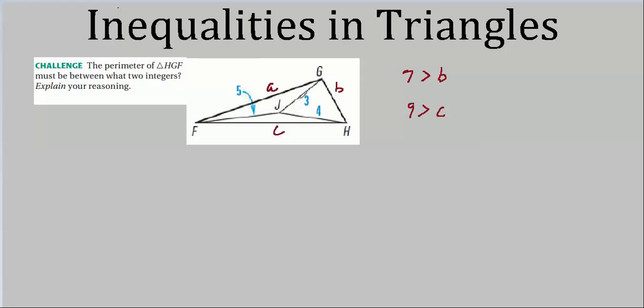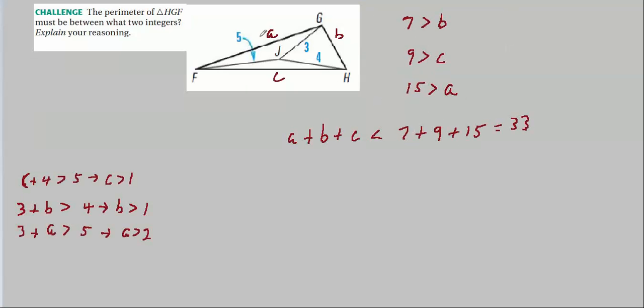And then I got 3 plus 5, that's 15, and that's greater than A. Now it's a lot of equations, but luckily they gave us simple numbers. So our triangle inequality, when applied one way, will give us, as I pointed out, 7 is greater than B, 9 is greater than C. That's the 5 and 4 here, and the 3 and 8.